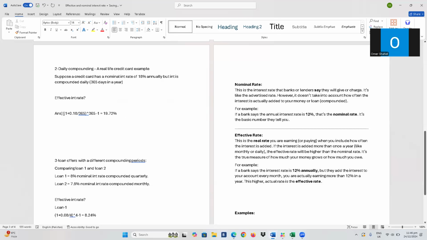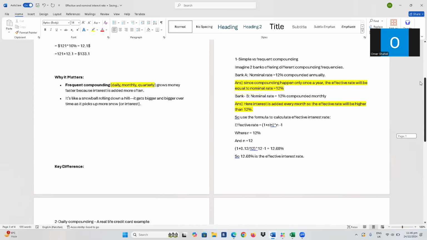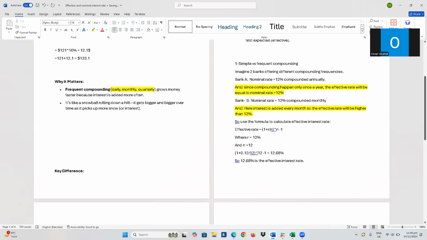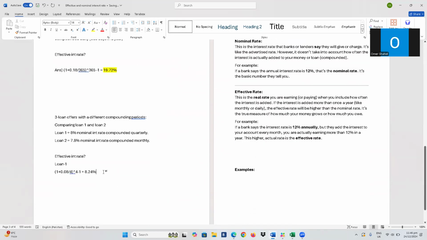We need to use the correct formula, only then we will get this 19.72. In example number 1 we used it rightly, so that's not a problem. So for the third example, law number 1, our effective interest rate is 8.24%.